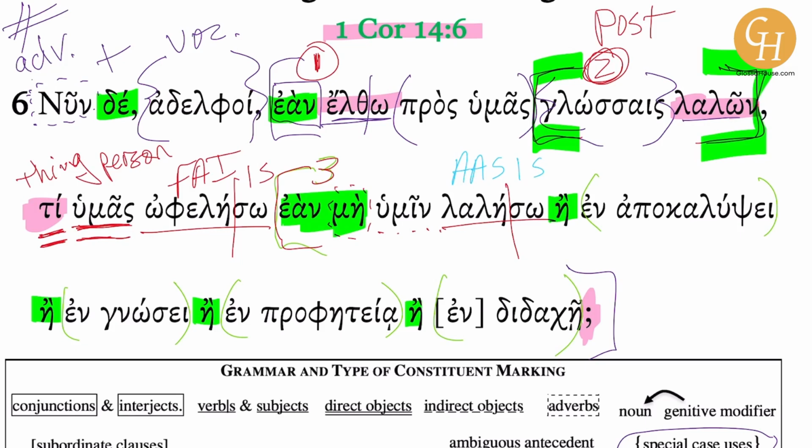And so then he has to add another condition to that, which is an exception clause, unless, if I don't speak to you, laleo, but subjunctive, because ean takes a subjunctive, unless I speak to you, and then he offers 4 options here.